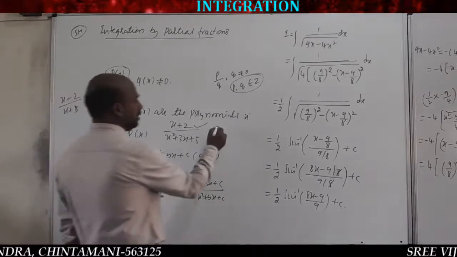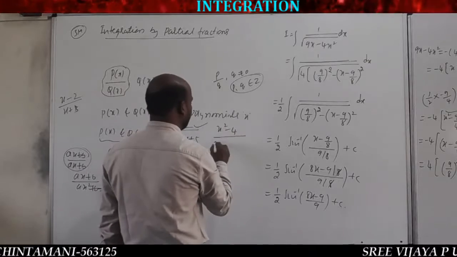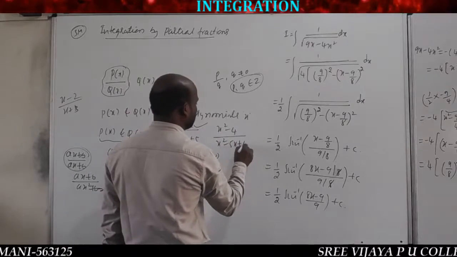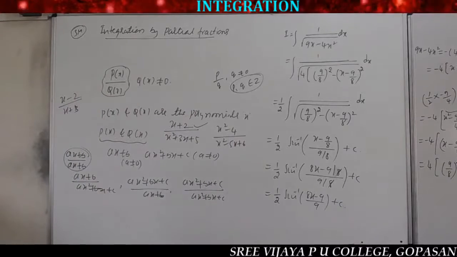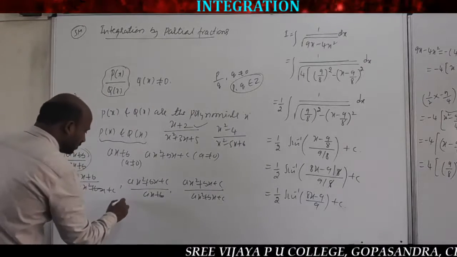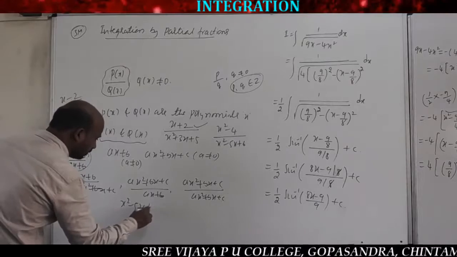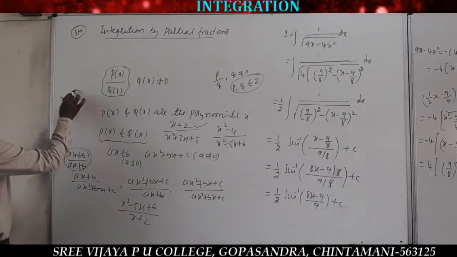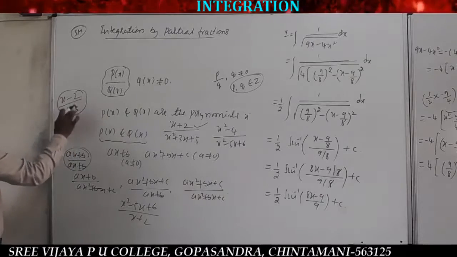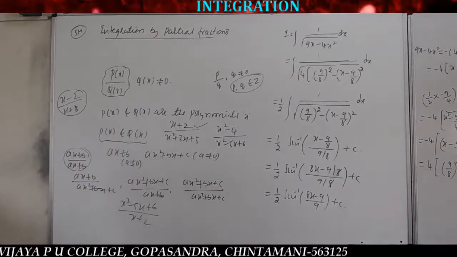Or sometimes x square minus 4 divided by x square minus 5x plus 6, both are quadratic polynomials in x. Or sometimes x square minus 5x plus 6 divided by x plus 2, or both the numerator and denominator are linear polynomials in x.